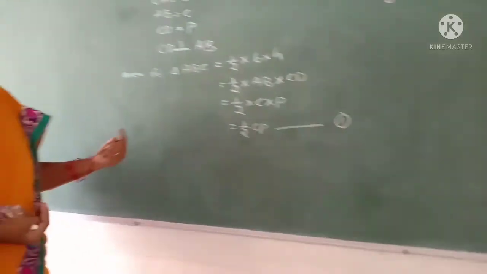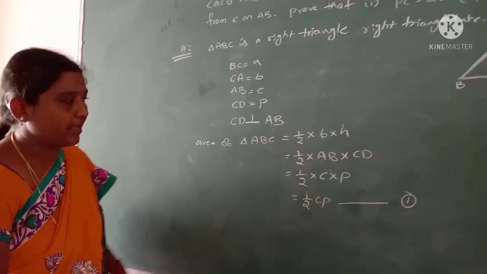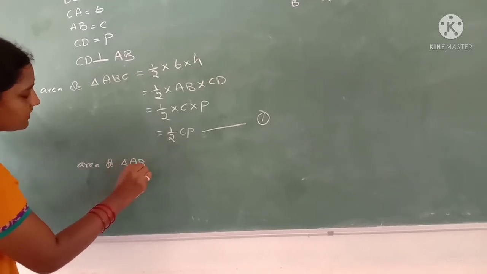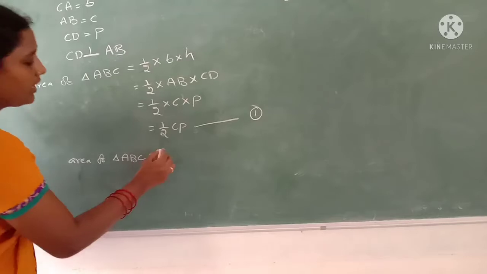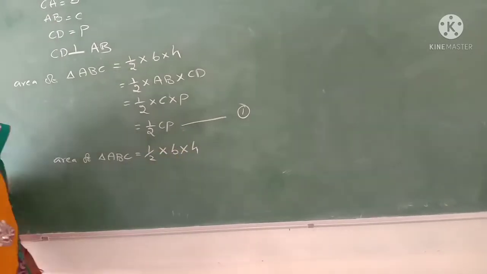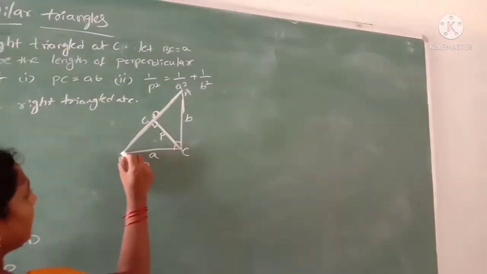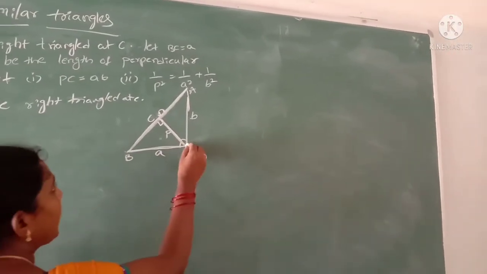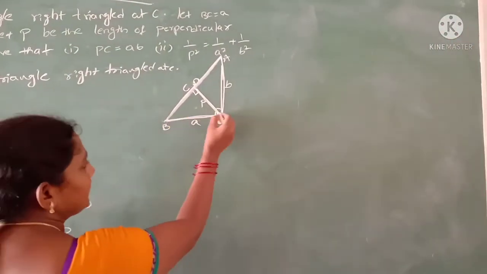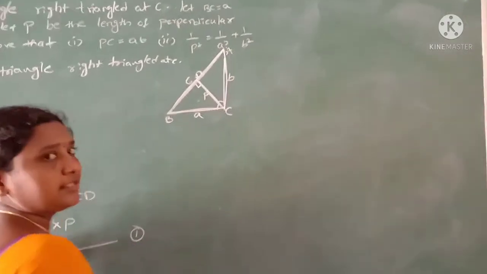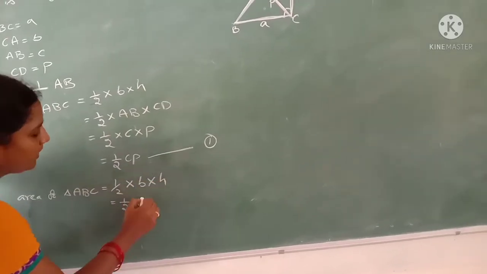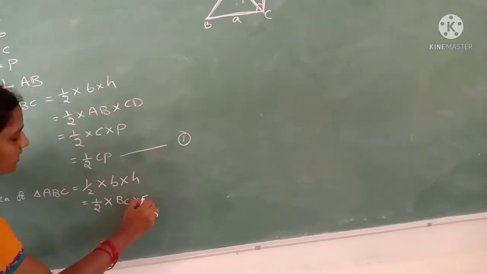Next, we find the same triangle ABC area. Area of triangle ABC equals half into base into height. Next, we take the base BC and height CA. So write half into base BC into height CA.